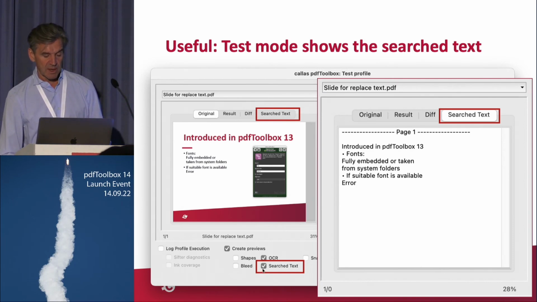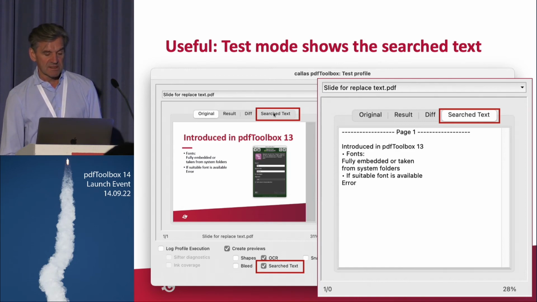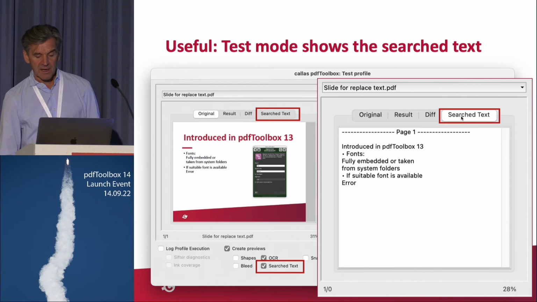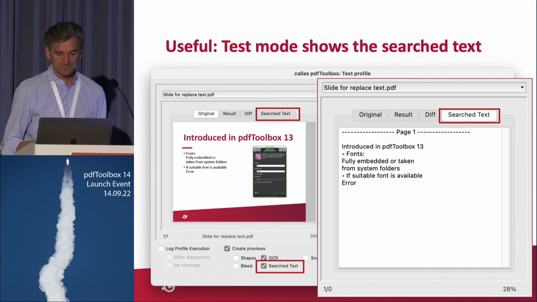In test mode, you can click the check mark search text, and then you will see in the result an additional button, and if you click on that button, it shows you the text as it has been extracted by pdfToolbox. And that is sometimes helpful in order to set something up.